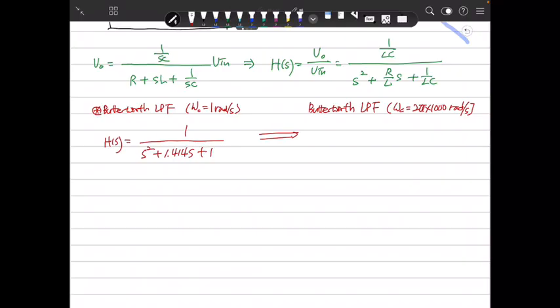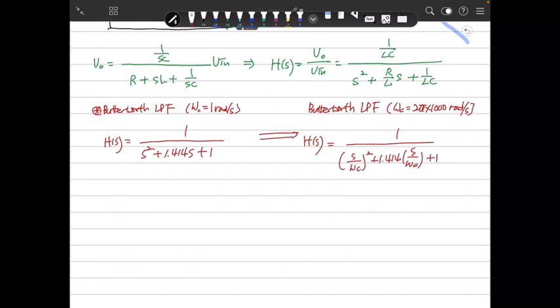You need frequency scaling. H(s) will be omega C squared over s squared plus 1.414 omega C s plus omega C squared.